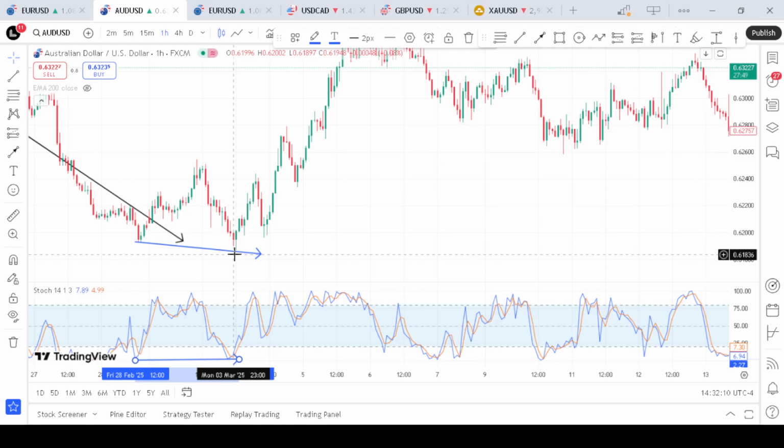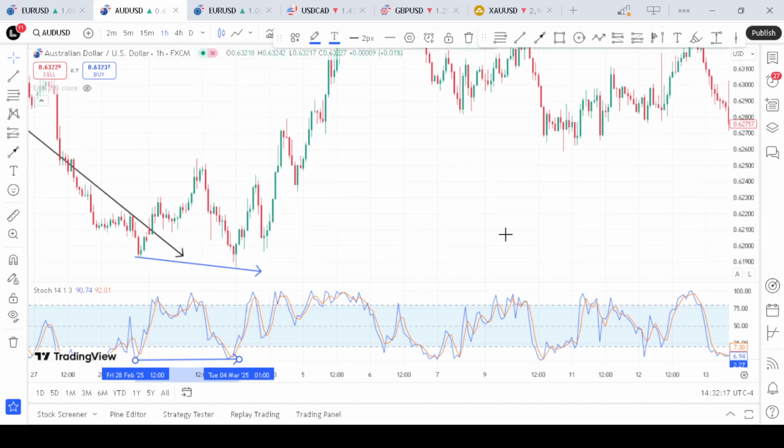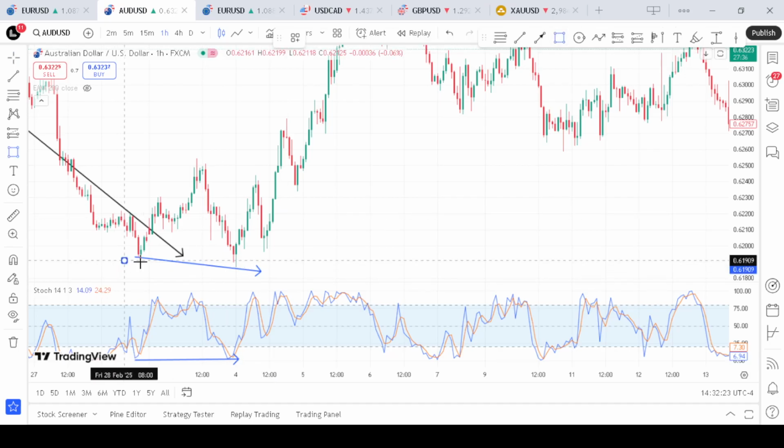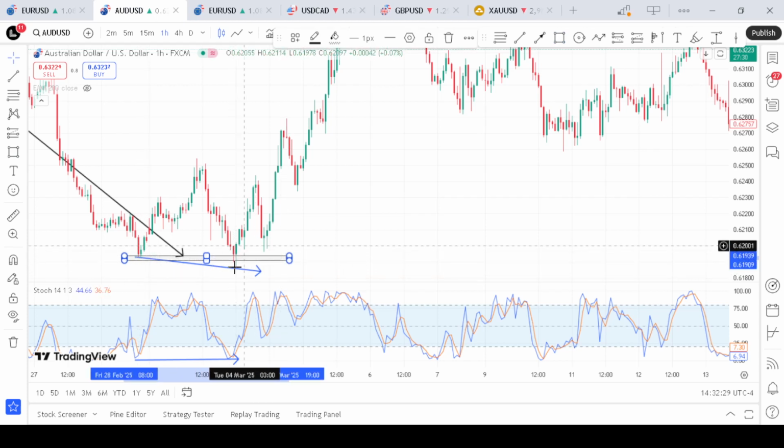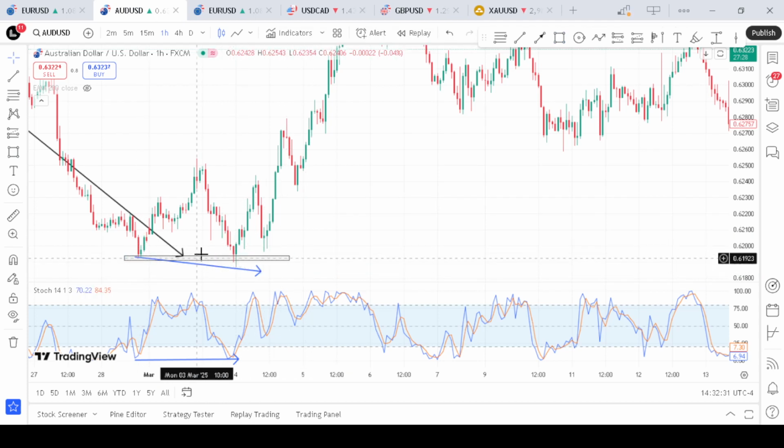So when you combine this with price bouncing off a key level, we can see that this was a support area in the market, and price is bouncing off this support area. We can also combine this with our pivot points or our Fibonacci retracement areas.